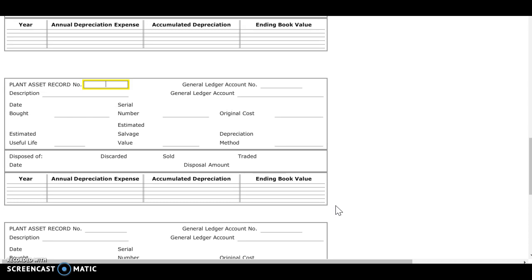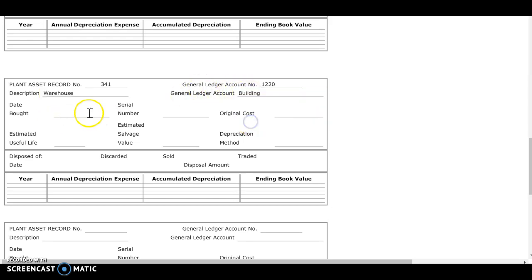Okay, next one for October 8th. We're actually going to fill out 2 for October 8th. We're going to have a building and a land one. So this one will fill out as our building. So this is going to be 341. And our building is going to be 1220. The description is going to be, we're going to call this our warehouse.